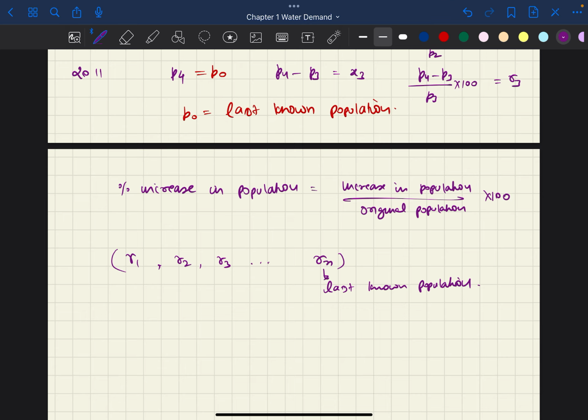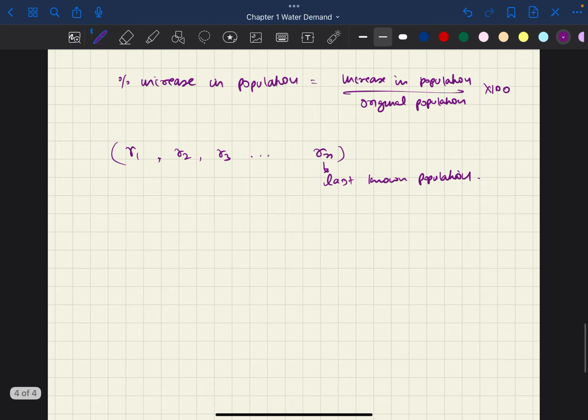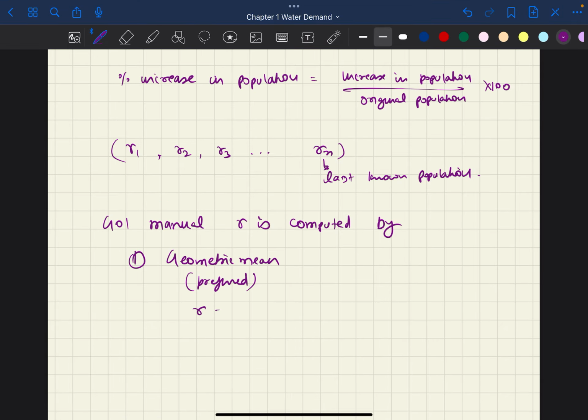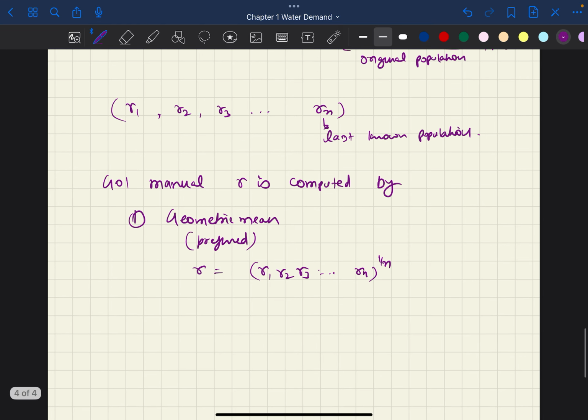So how do we get an average? How do we get a mean? From the Government of India manual, R is computed in two ways. First is geometric mean. This is preferred. Whenever there is a question in the exam, you have to use geometric mean. R is equal to R1, R2, R3 up to Rn, multiply all, raised to power 1 by n.